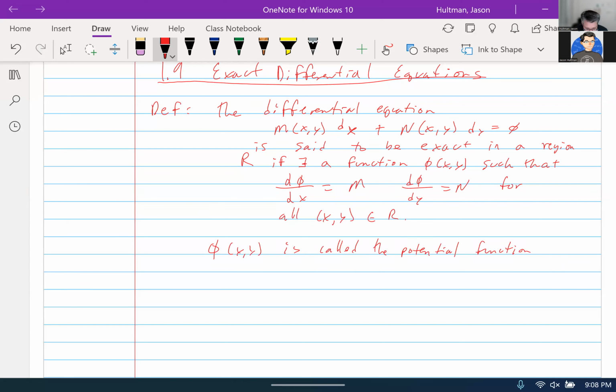And that's similar to a conservative vector field in Calc 3.